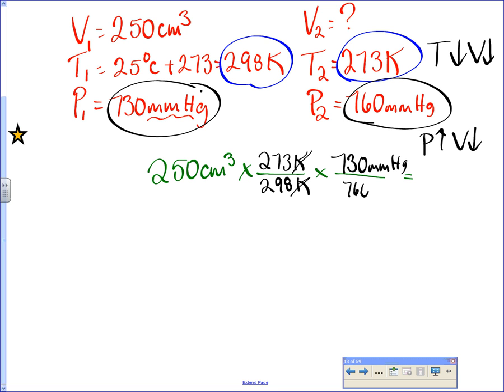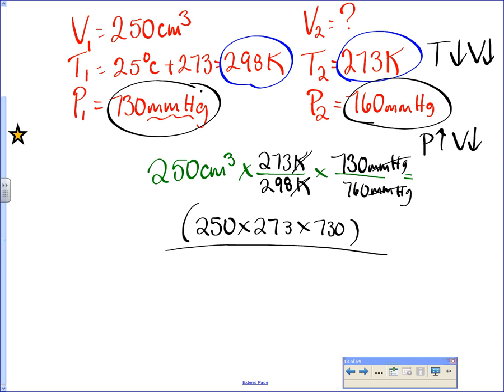Also, my units must be the same, so both of these have to cancel. Then I'm just going to do the math: 250 times 273 times 730, divided by 298 times 760. Be careful, use your parentheses when you put that in your calculator.